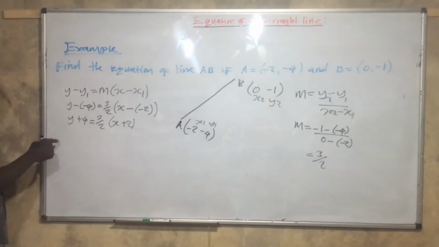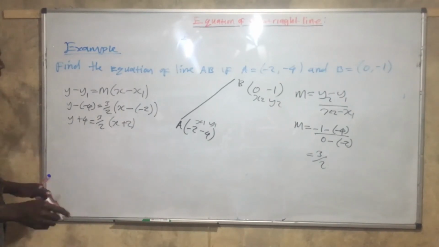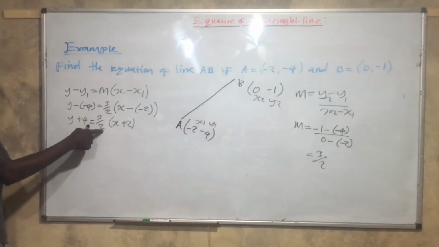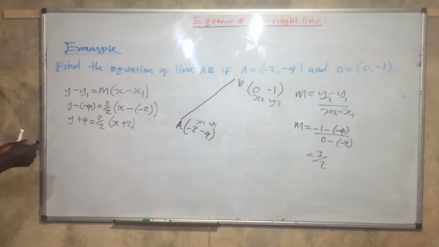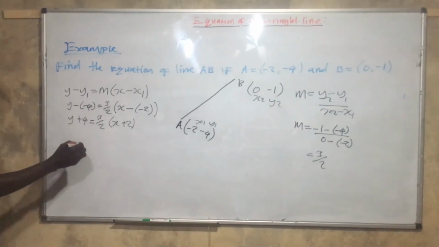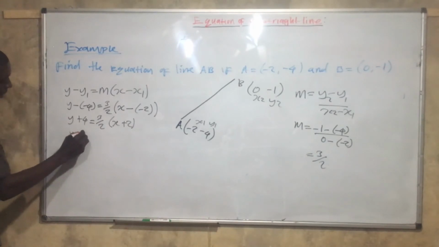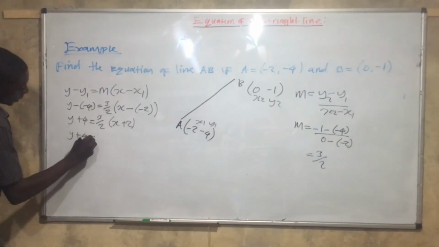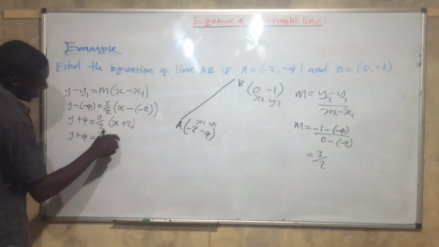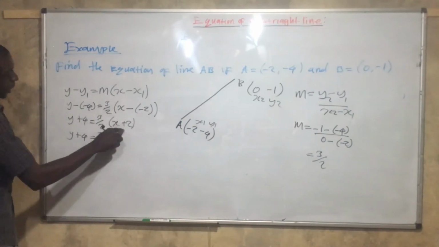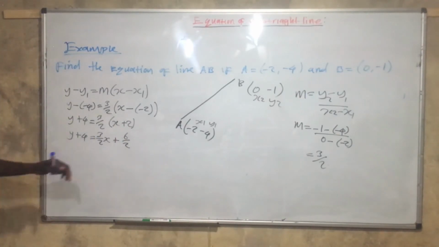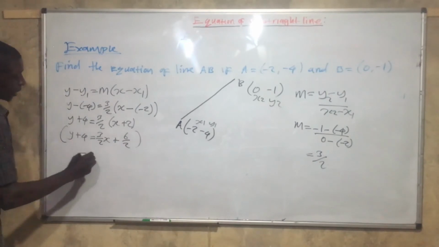At this point you can work in two ways. Since this is a fraction, we can multiply throughout by the reciprocal of 3/2, which is 2/3, or you work it out as a fraction. So y plus 4 is equal to 3/2 x plus 3 multiplied by 2, which is 6/2.